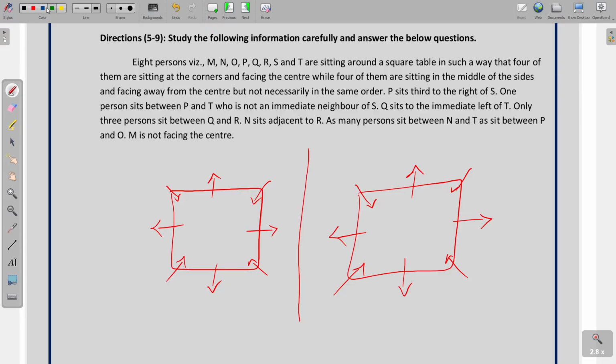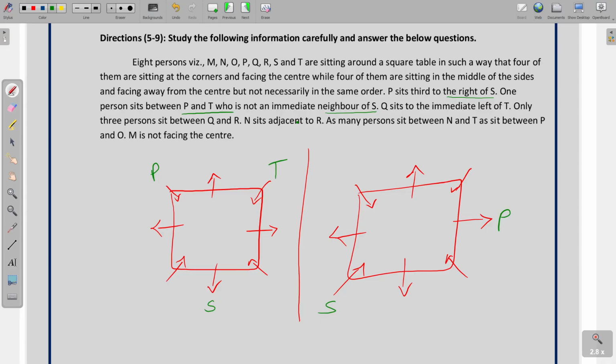See the first one, P sits third to the right of S. One person sits between P and T who is not an immediate neighbor of S. P sits third to the right of S, 1, 2, 3. Here P is placed, if I place P in a corner. And next, between P and T one person is sitting.